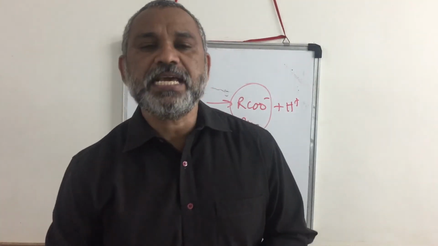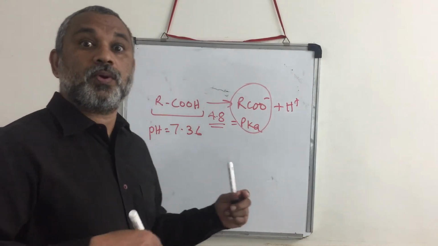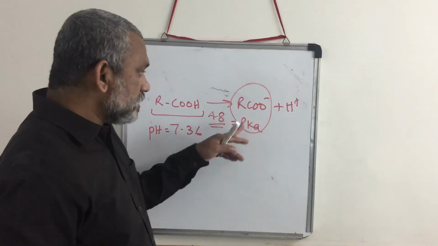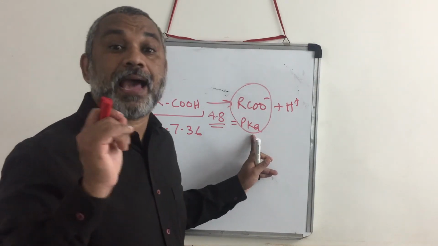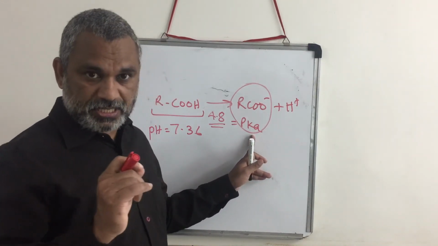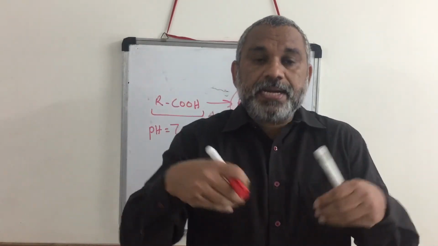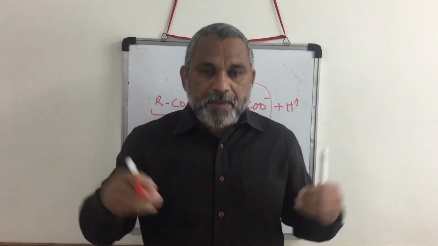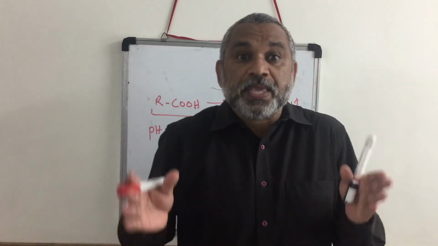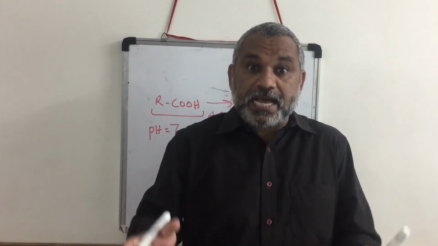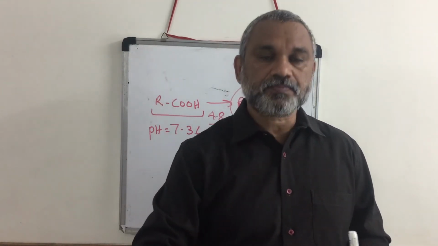Now, fatty acid existing in ionized form has also got a problem, because this unesterified fatty acid can act as a detergent. Acting as a detergent, you know that it can get embedded in the cell membrane and it can damage the cell membrane. So in a way, unesterified fatty acid is toxic to our living system.